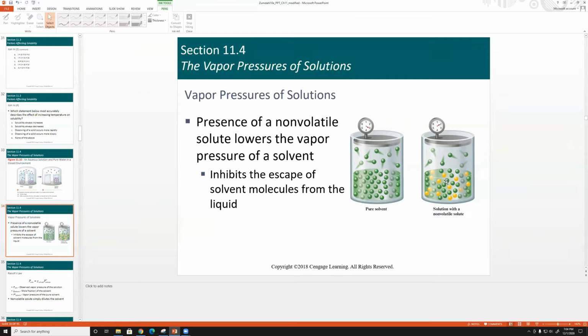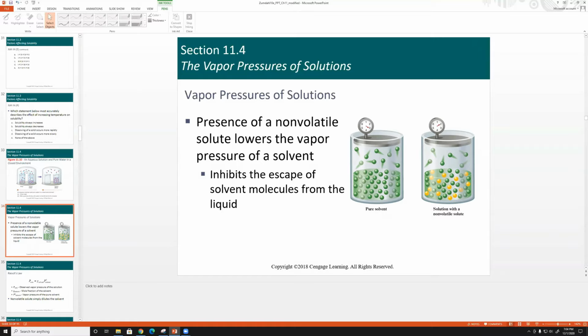What this does is it lowers the vapor pressure, meaning the new vaporization level of the solution is now less because it has more forces to hold it together. It inhibits the escape of the solvent molecules from the liquid because of that strengthened interaction. So that's generally how vapor pressures vary when you put them into a solution: they decrease.